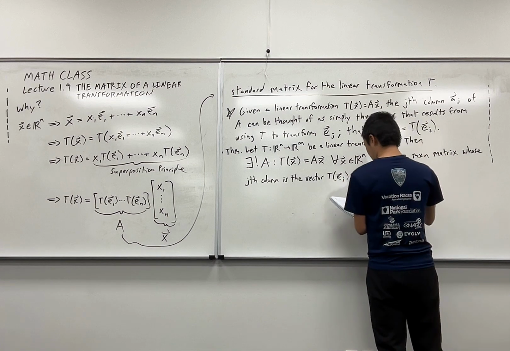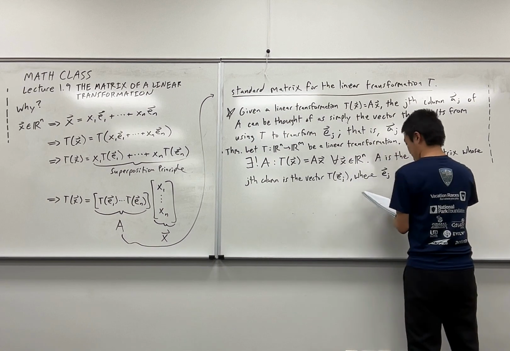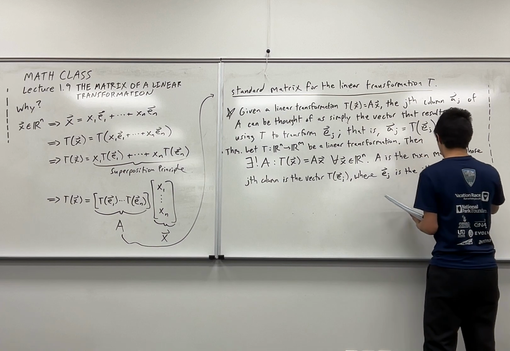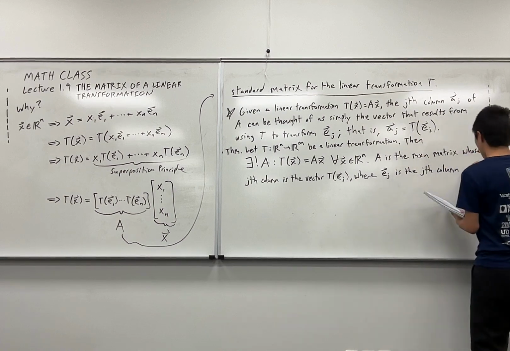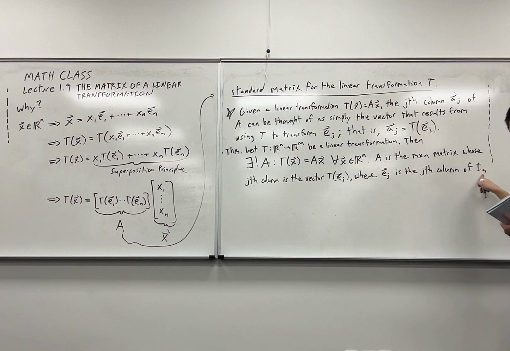Yes, here it is, where E sub j is the jth column of the n by n identity matrix.